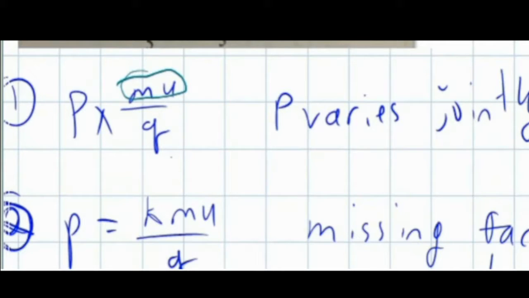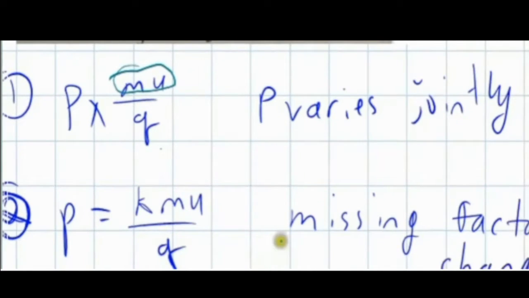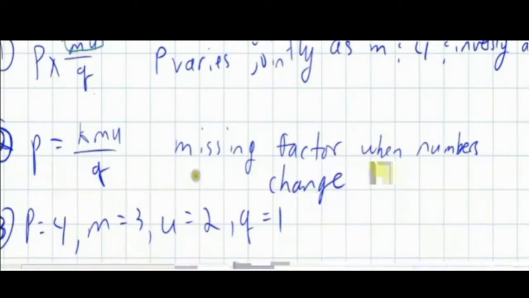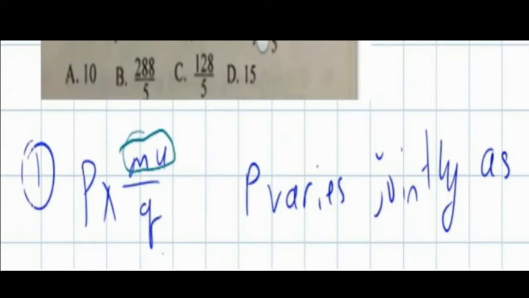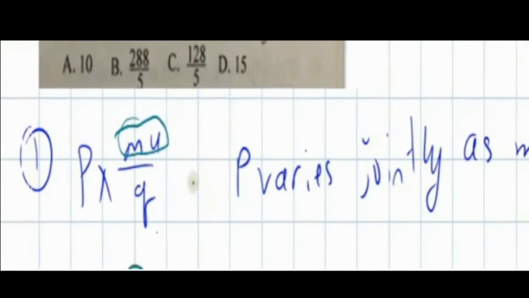Then it says that given that, and then it gives us these numbers for our variables, and it wants us to find the value of P when we have these variables. So first we're going to say that there's a missing factor when the numbers change. So I've added this extra K in here so that I know what this missing factor is. So I'm doing the first one, this first line.